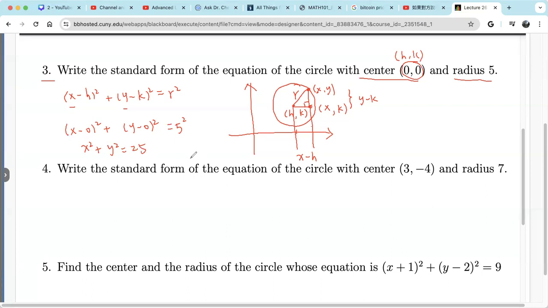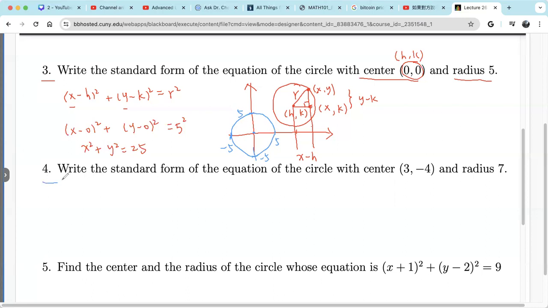Where is this circle? Let's draw with blue color. The center is the origin, and the radius is 5. So the circle is centered at the origin with radius 5.